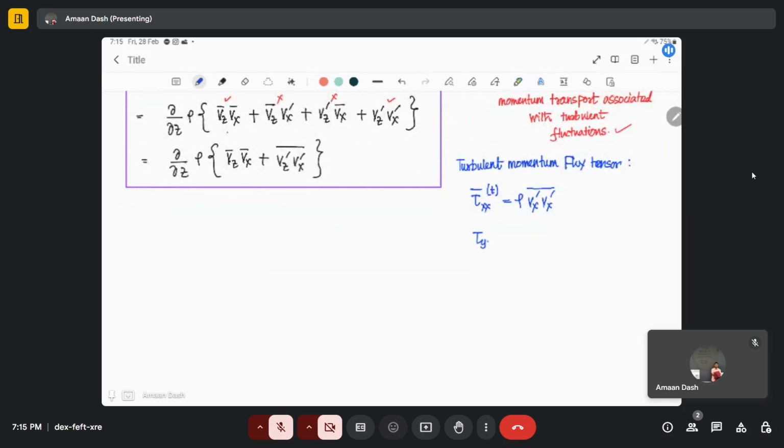Similarly, tau yx will be equal to rho times vx prime vy prime average, and similarly tau zx.